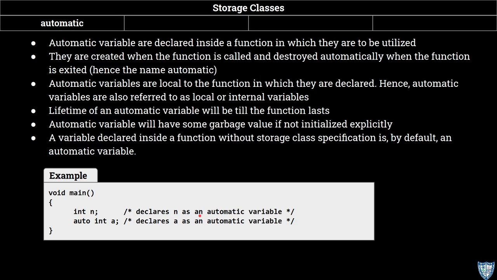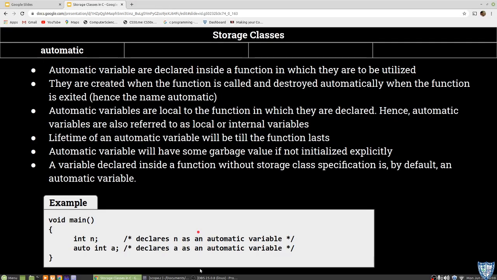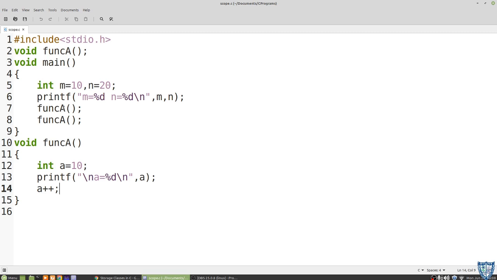So before moving into the next storage class, let's see this in our previous example. In this example, there are three variables, m, n in the function main, and a in the function a. Here, the storage classes of variables m, n, and a are automatic, because we know that when a variable is declared inside a function, it is automatically automatic storage class.